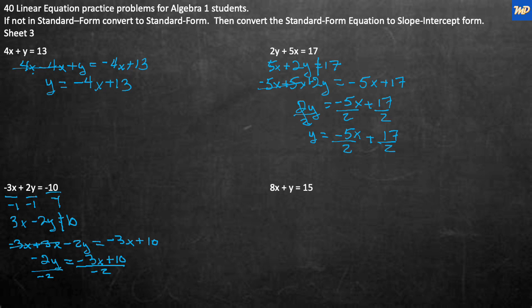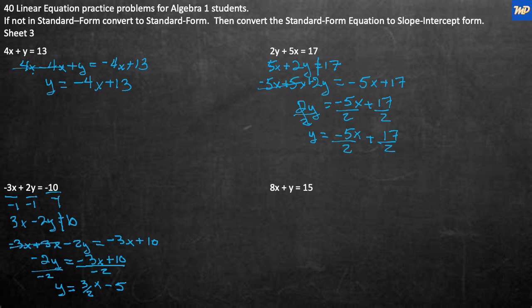Negative 2 divided by negative 2 is 1, so y is equal to 1. Negative 3 over negative 2 is 3 halves, because the negatives cancel, and it's x. And then we have a positive 10 divided by negative 2, which makes this a negative 5. Done. We did everything in one step.